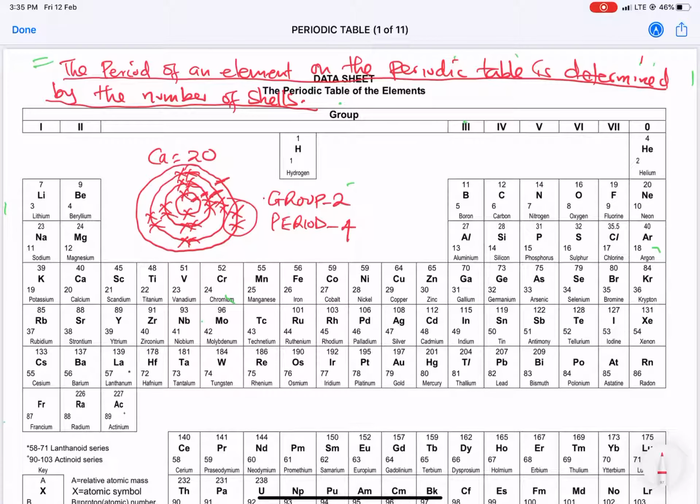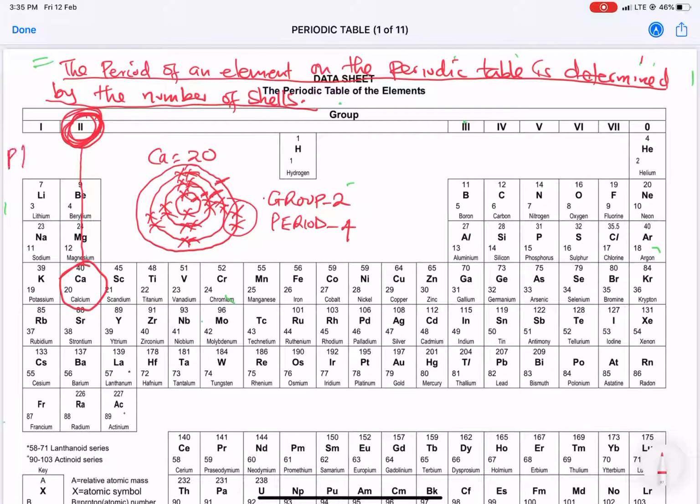So we come to group 2. We check in group 2, where is calcium? There it is. So calcium is found in group 2, but in what period?